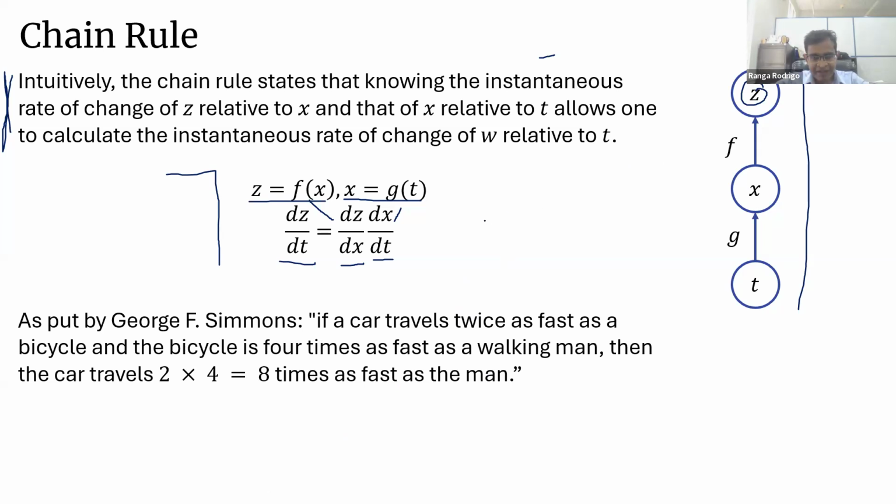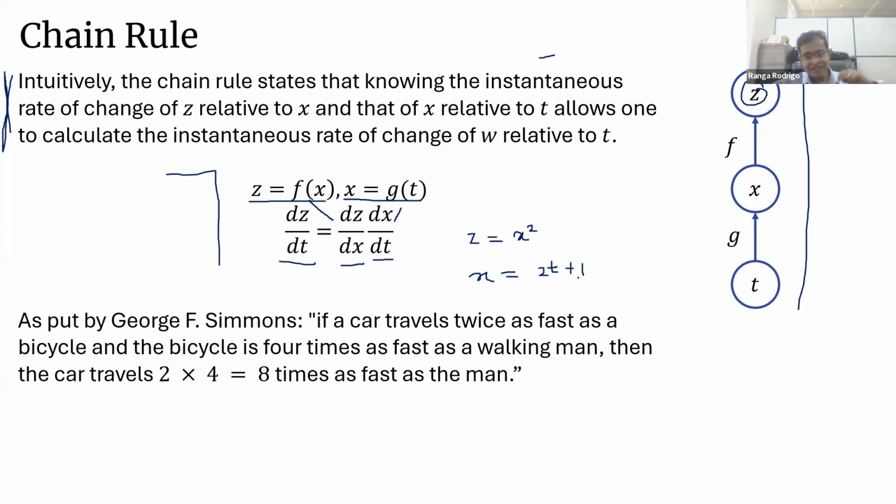Here, maybe, let's see, z equals, let's say, x squared, x equals 2t plus 1 or something, right?